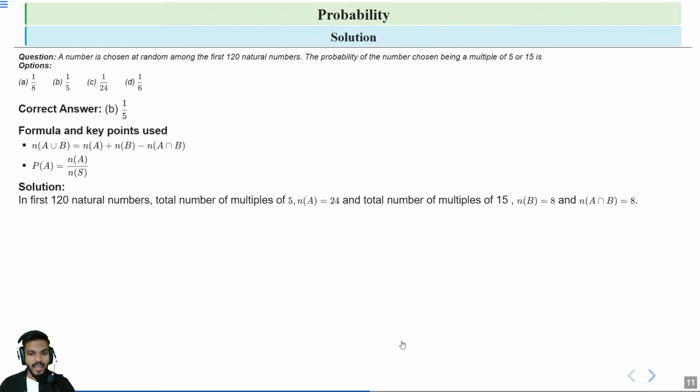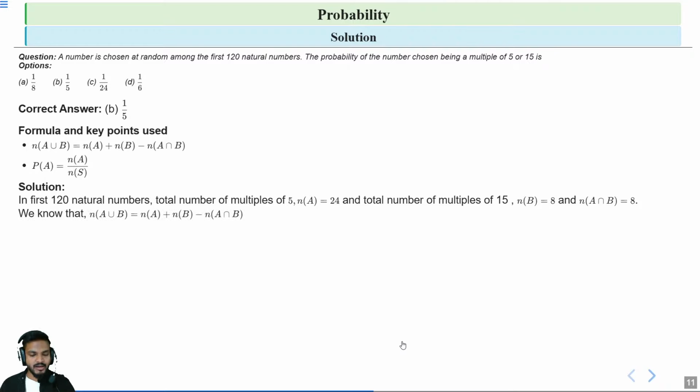And n(A intersection B) is the number that is a multiple of 5 as well as 15. If any number is a multiple of 15, then it is also a multiple of 5. So n(A intersection B) is the same as n(B), that is 8.